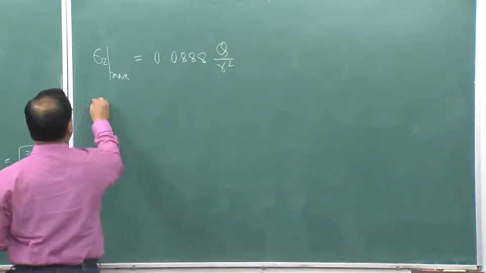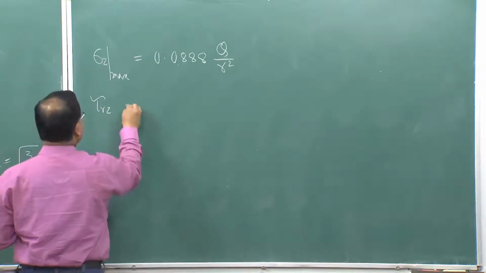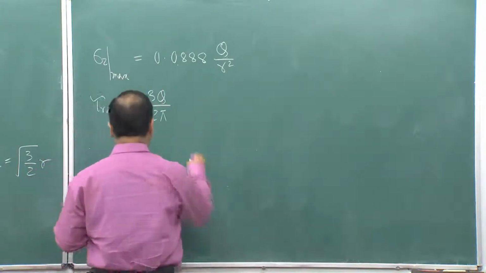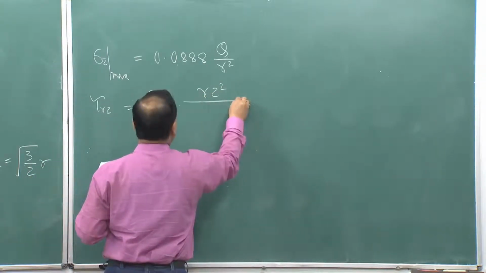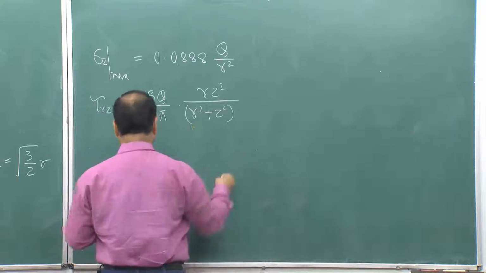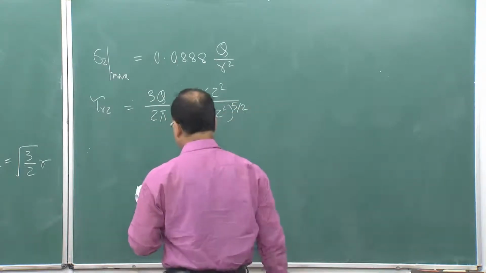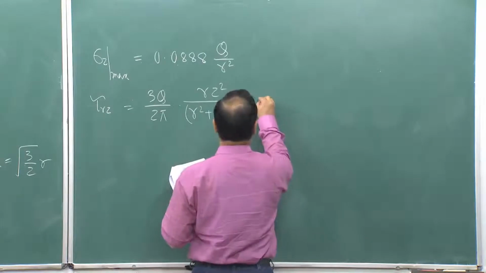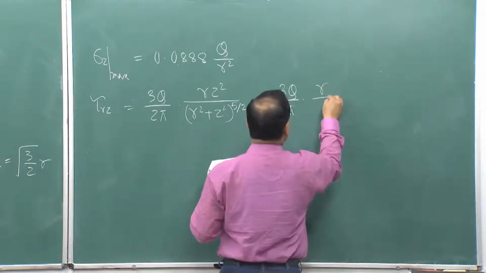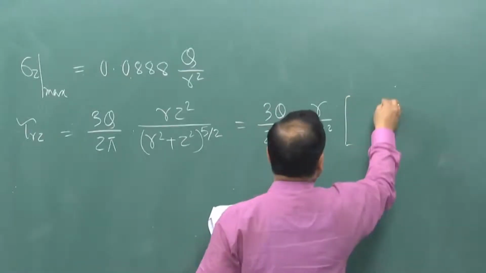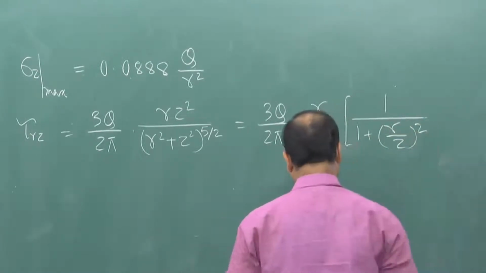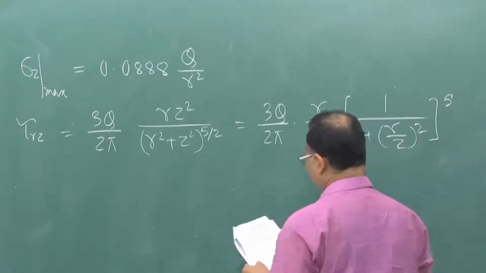and the expression for tau r z is equal to 3q by 2 pi. Please make a note of this expression: r z square, again from theory of elasticity I can find out, over r square plus z square whole to the power 5 by 2. So, which is nothing but 3q by 2 pi into r by z square into 1 by 1 plus r by z square to the power 5 by 2.